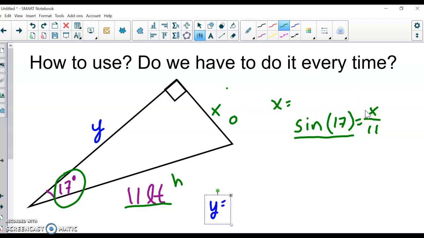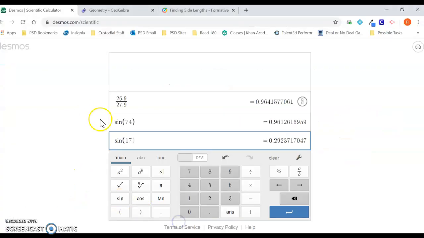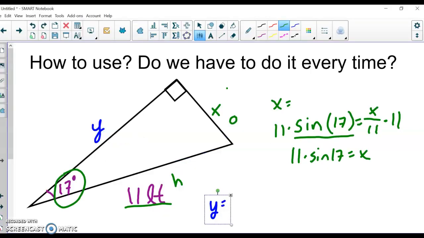The x is being divided by 11, so I'm going to multiply by 11 on both sides. So 11 times whatever the sine of 17 is equals x. I'm going to come over here to my decimals and say 11 times sine of 17, and I get 3.2. So x is equal to 3.2 units.